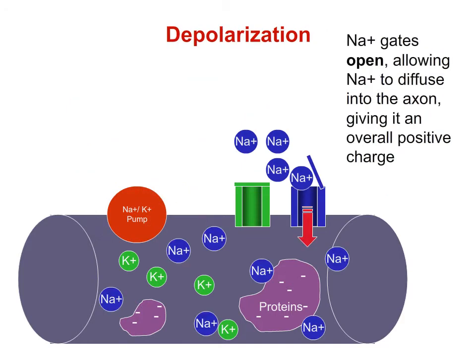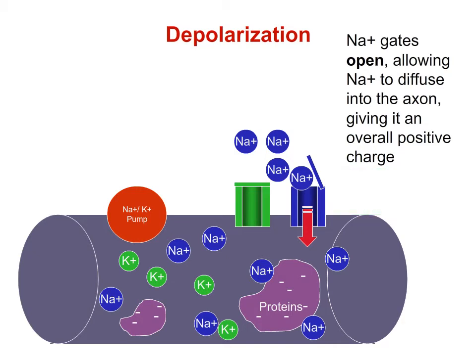Now the second part of a nerve impulse is depolarization. Now remember that depolarization is a rapid reversal in the charge inside the axon. It was negative and all of a sudden it becomes positive. So why did this happen? Well, take a look at what happens. During depolarization, we have special membrane proteins that are specific to sodium which open up.